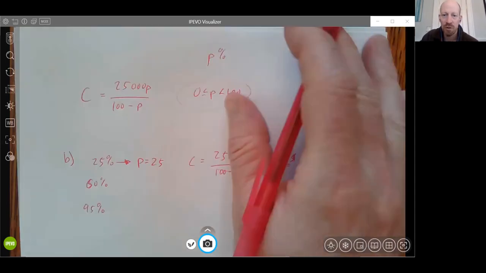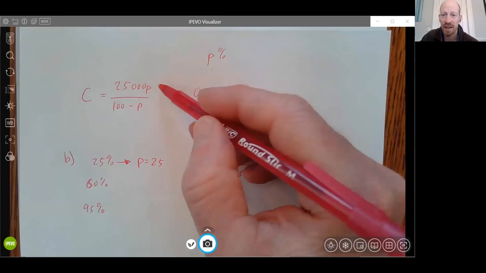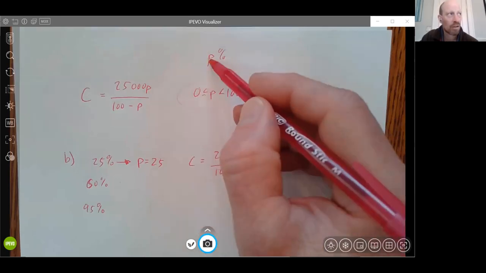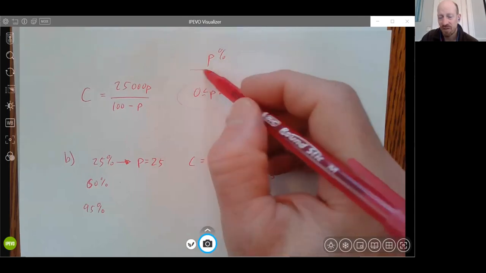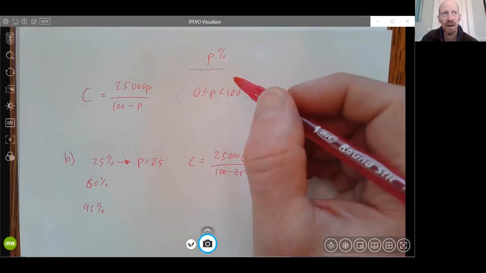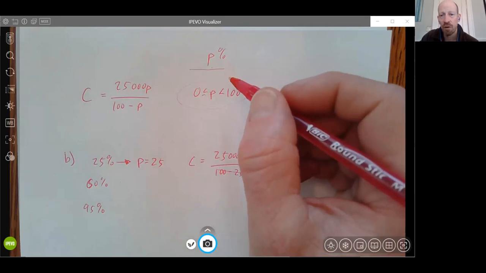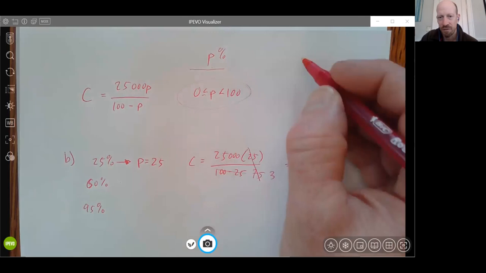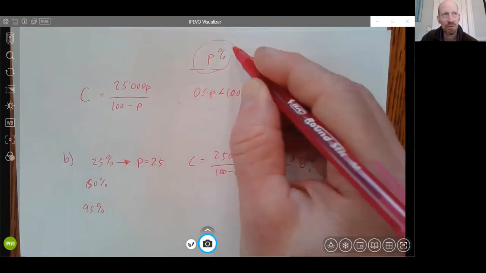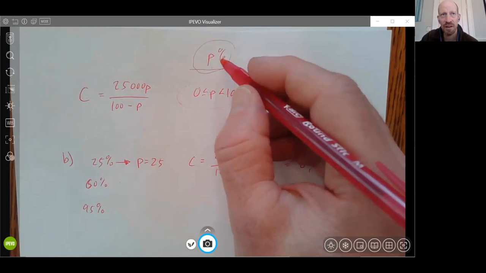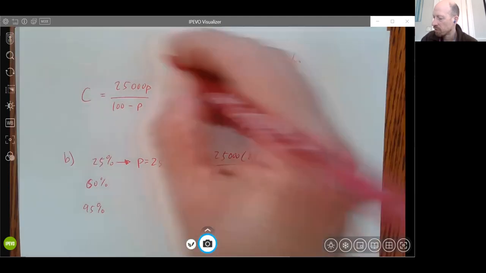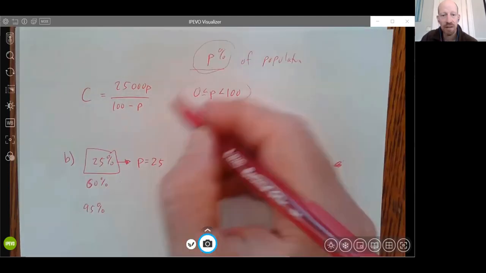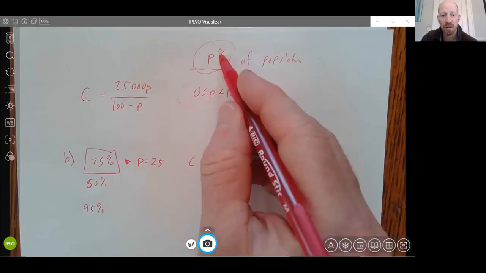So the P value going in here is actually the 25, not 0.25, because that's just how they made the model and how they defined P. If it says in the definition that we're supplying recycling bins to P% of the population, and you're giving it to 25%, then the p-value is actually 25.